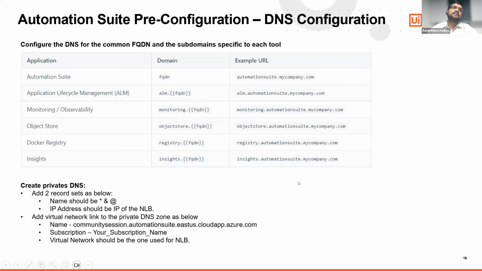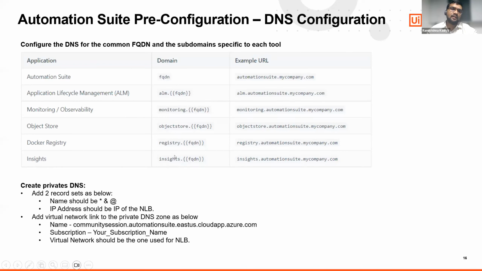Next we need to configure the DNS. When you install Automation Suite, it will have a URL to access, called the FQDN, the fully qualified domain name. It could be automationsuite.yourcompany.name.com. Then we will have subdomains for application lifecycle management, that is alm.automationsuite.yourcompany.name.com, and similarly for monitoring, object store, registry, and insights.